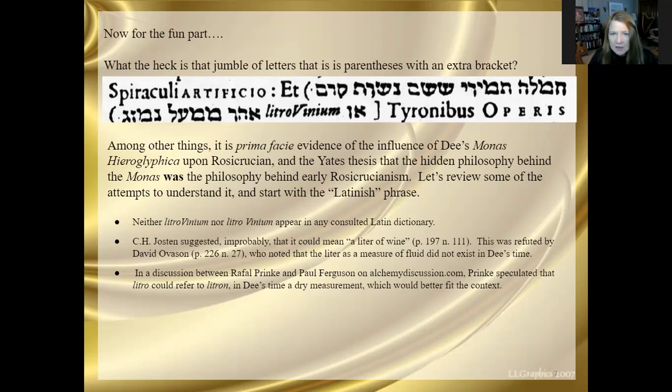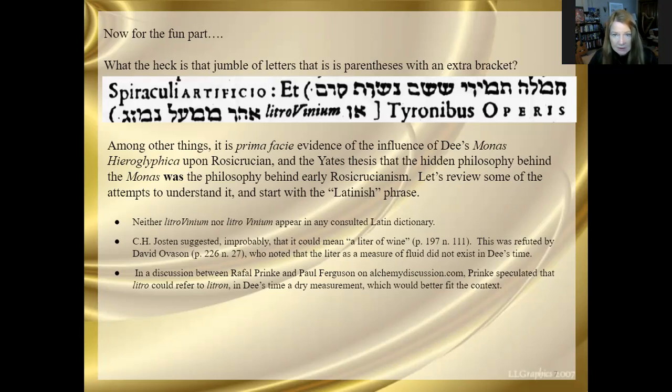And so in a discussion there, on alchemydiscussion.com, Prinke speculated that litro could refer to a litron, which is a measurement that does exist in Dee's time. It's a dry measurement. It would better fit the context if you are doing even reflux distillation and you're taking the dry distillate out, or if you're doing something like using Zosimus's dry still, I mean, it would work better. But the problem is, what do you do with it then?